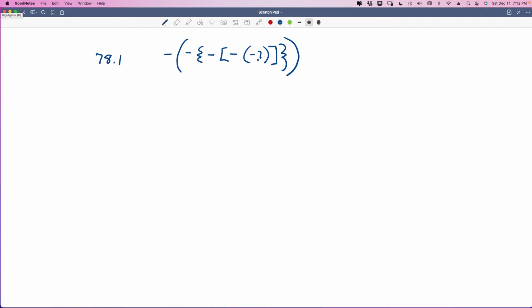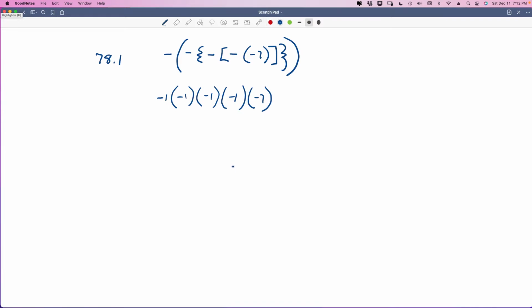So really we're saying -1 times -1 times -1 times -1 times -7. So we have 1, 2, 3, 4 -1s in play here.